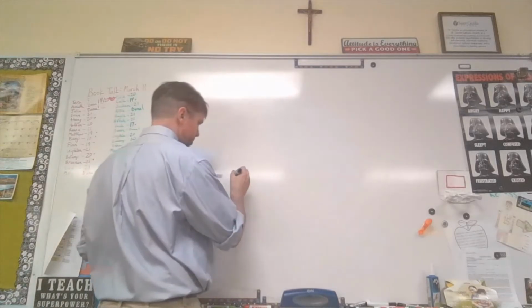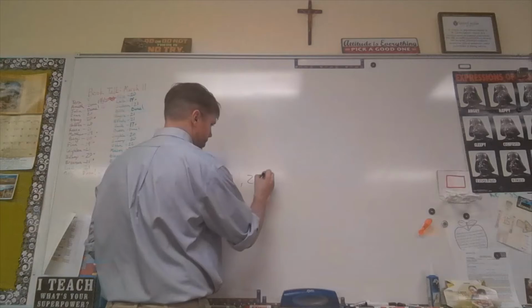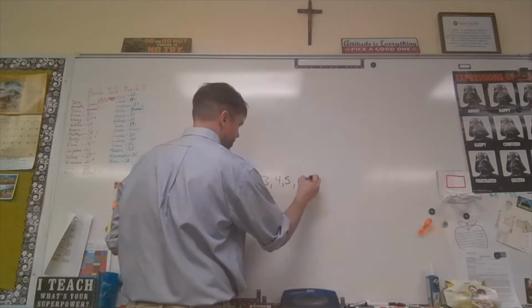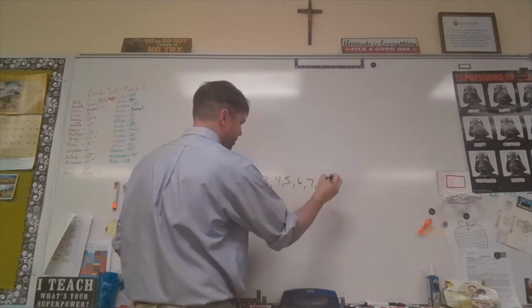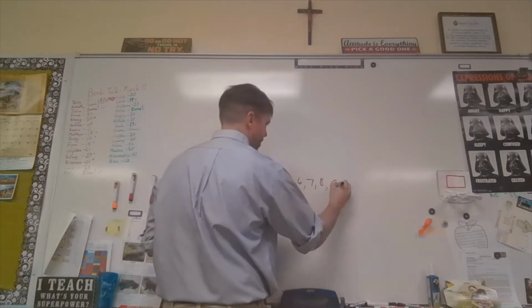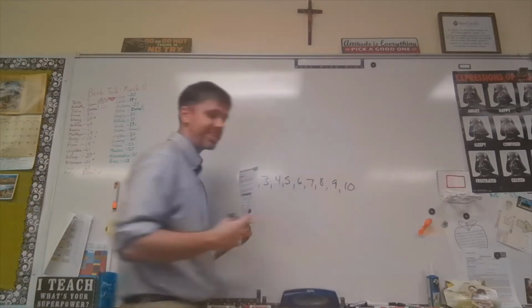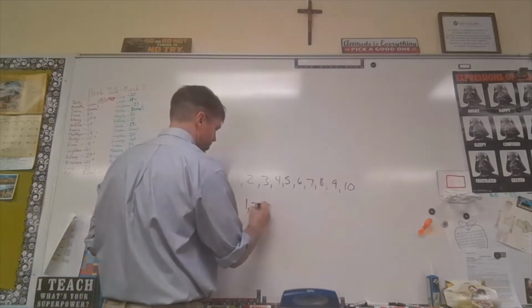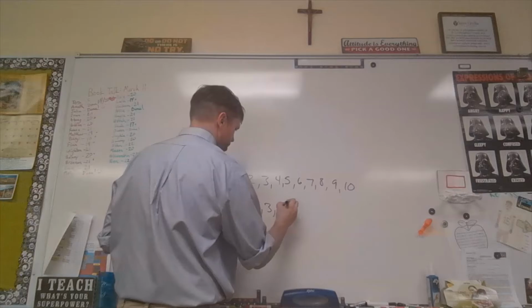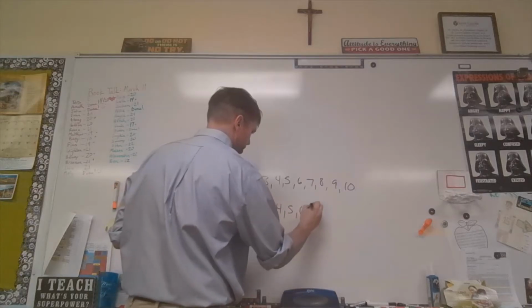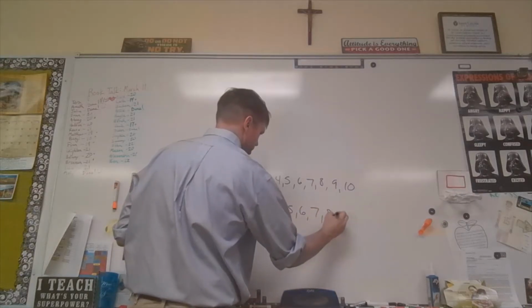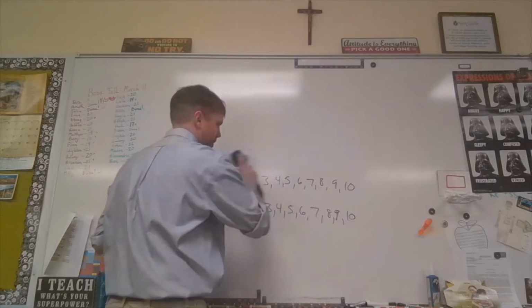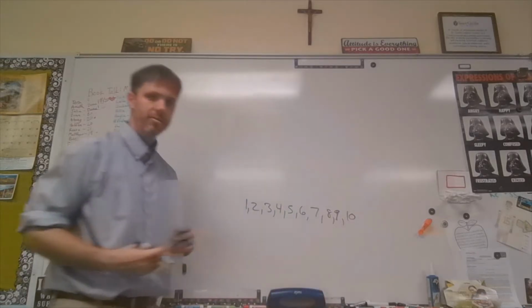So I'm just going to write those numbers in order. 1, 2, 3, 4, 5, 6, 7. Regretting doing 14. Let's just say there were 10 kids in the class that day because I don't want to write all those numbers out. Oh, and I wrote them too high. Darn it. All right, let's just do it real quick. Okay. There. Better.